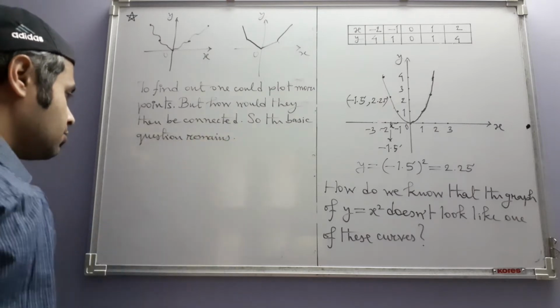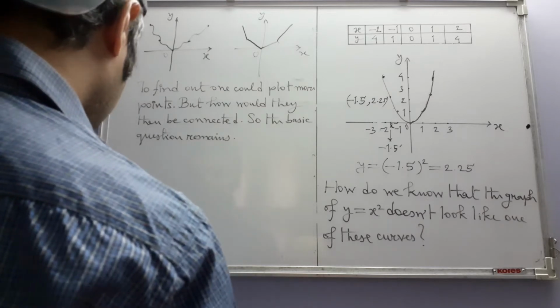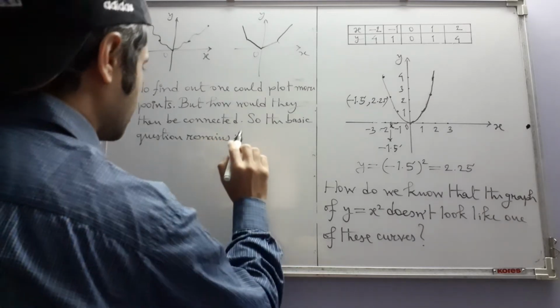So the basic question remains, how do we know for sure what the graph looks like?